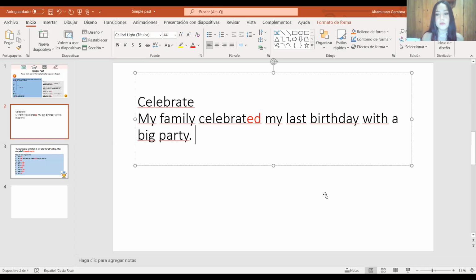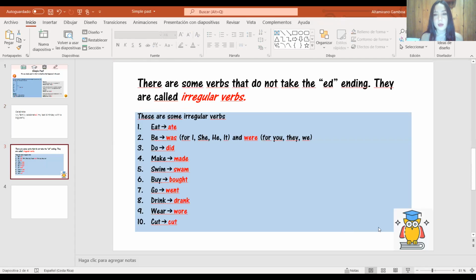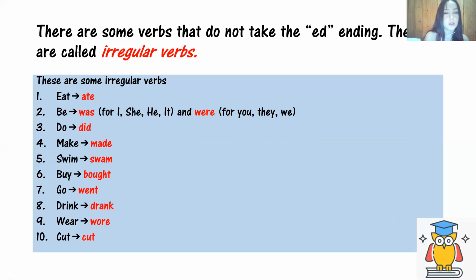Now let's move to this aspect. Well, there are some verbs that do not take the ed ending. So these verbs are called irregular verbs.